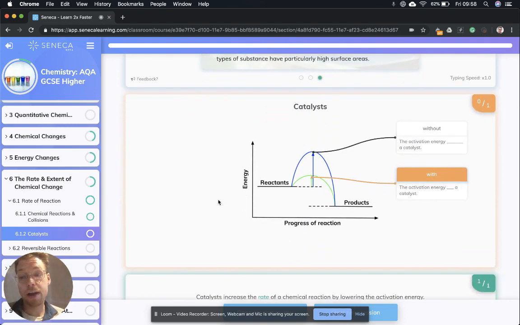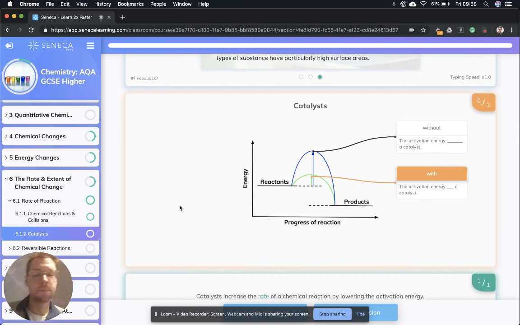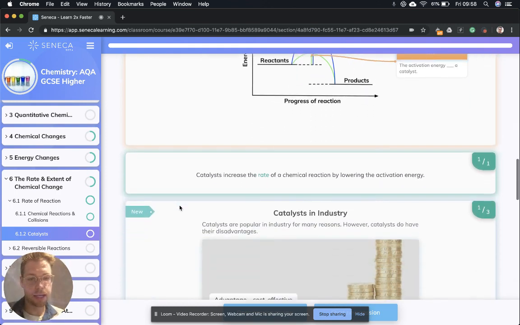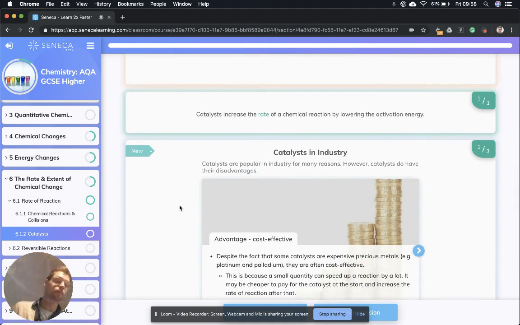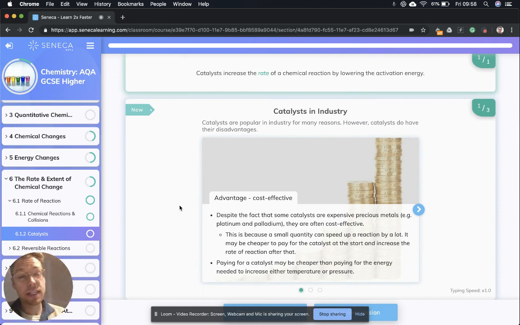And if we think about reaction diagrams, remember a catalyst is going to decrease the activation energy. So the line between the reactants and products is going to have a lower height. And how do catalysts work again? Lowering the activation energy.